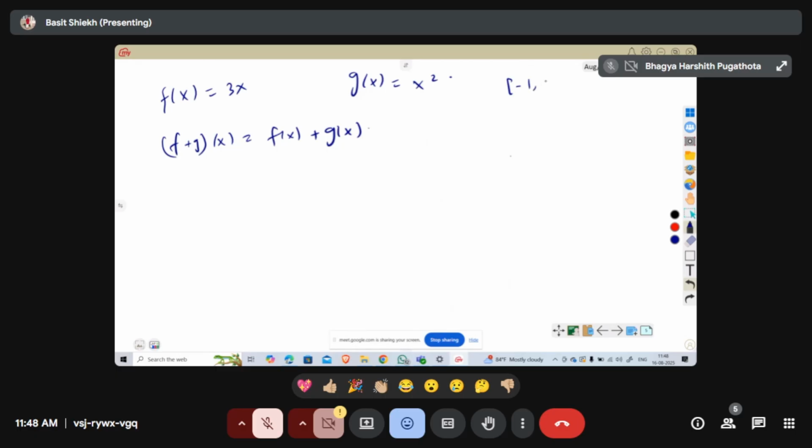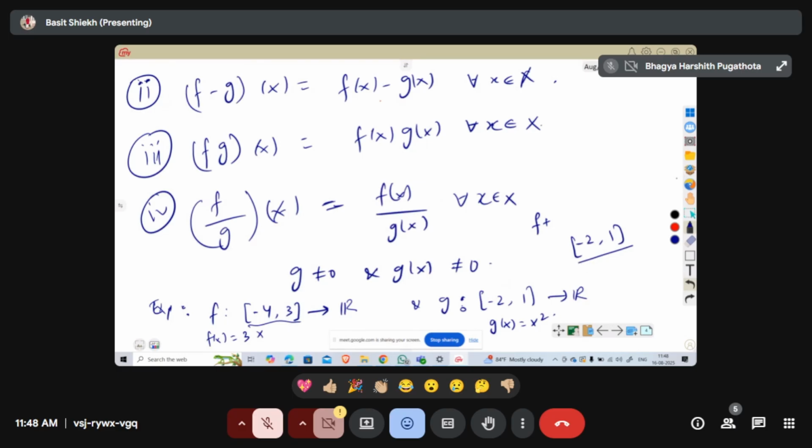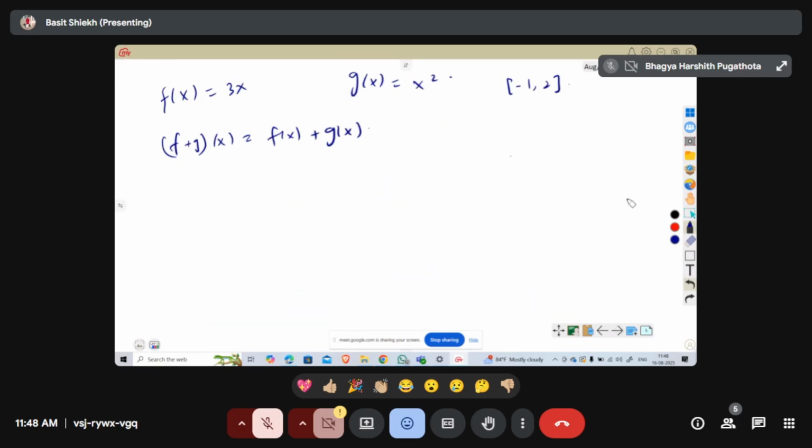The common domain is minus 2 comma 1. So this is 3x, then this is x square. So our f plus g of x is the function 3x plus x square. f minus g of x will be done as f of x minus g of x, which is nothing but 3x minus x square.